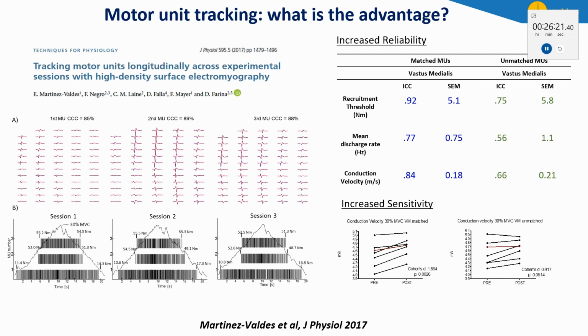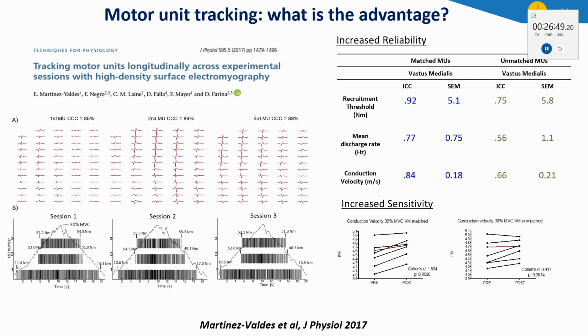But also, besides the increased reliability, we also have an increased sensitivity, which is very important, for example, for interventions where you really would like to see effects on motor unit properties. So then we took this data and we did an endurance training intervention, basically an intervention that we know changes conduction velocity without changing the size of the fibers, okay?